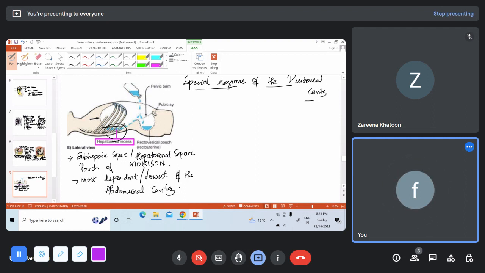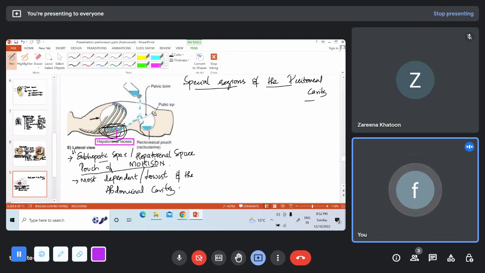In case there is fluid collection or pus collection in the peritoneum, then it will definitely collect here because it is the lowest part. So while doing paracentesis, that is removal of this fluid, that is why this is important. This is called the pouch of Morrison, okay? The right subhepatic space or the hepatorenal space, which is the most dependent part of the abdominal cavity.